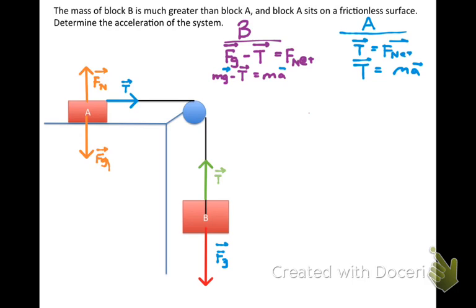And you know what? I actually forgot to do this, but we should be specific in terms of which masses we're talking about. So let me look at A here. To be specific, this should not say just any mass, this should say mass A, the mass of block A times the acceleration.